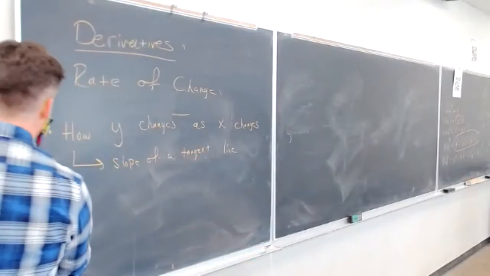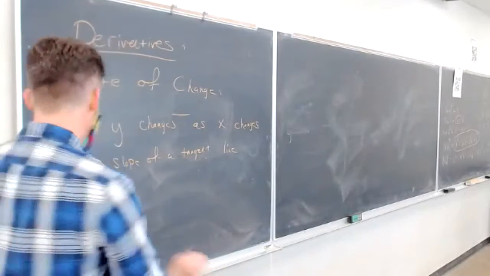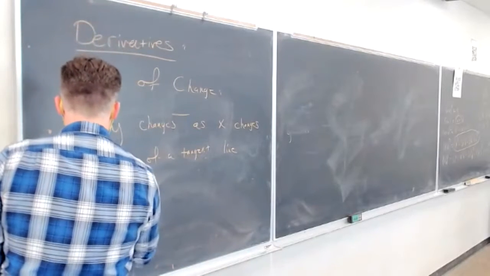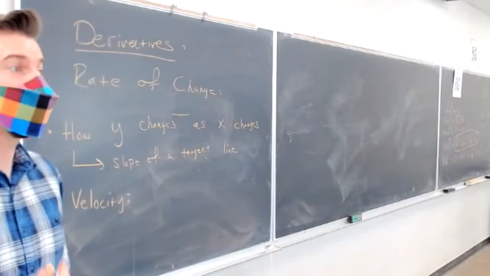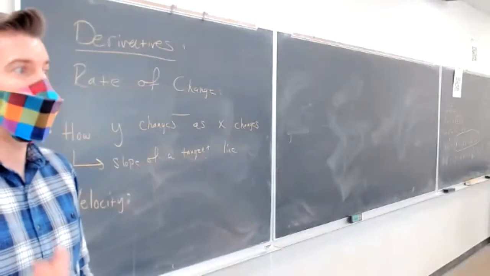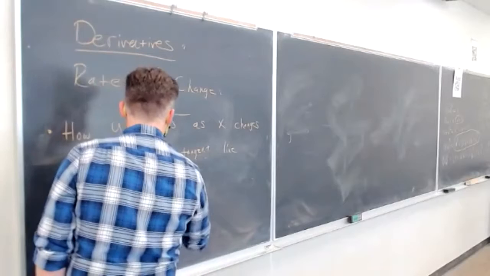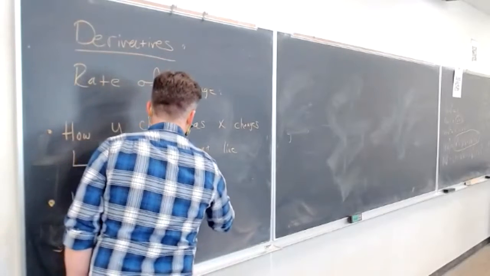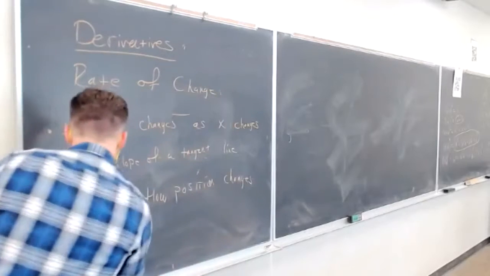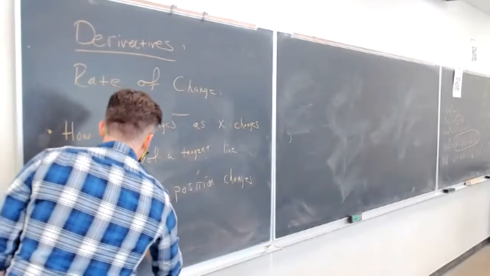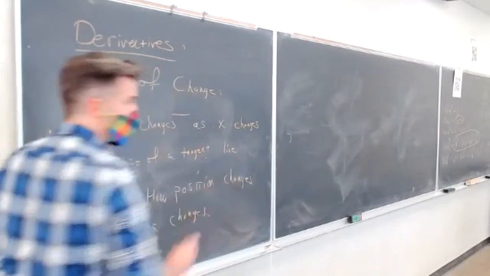Another very common example is velocity. Velocity is how position is changing as time is changing. But I really want to emphasize that it's how one thing changes as another thing changes.